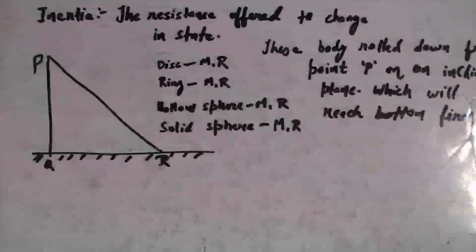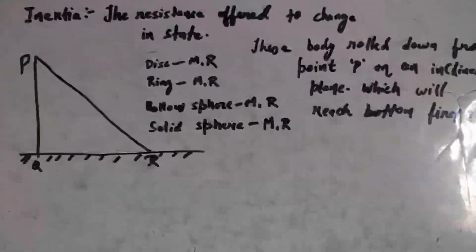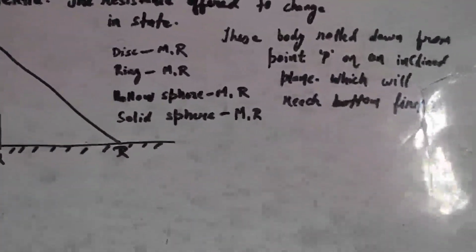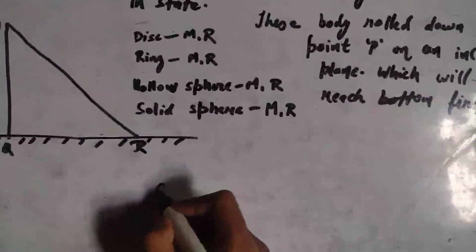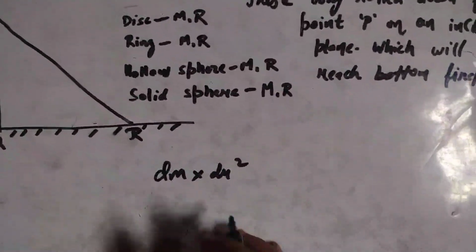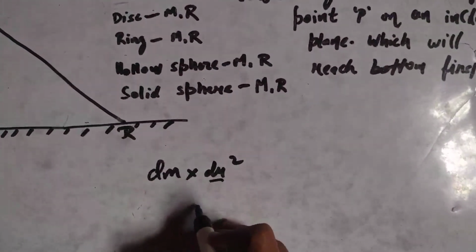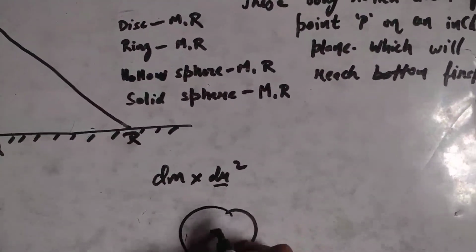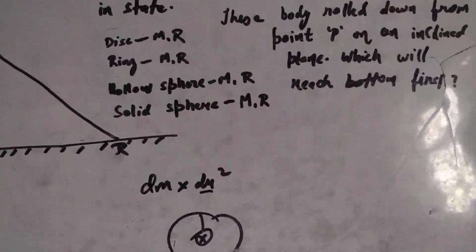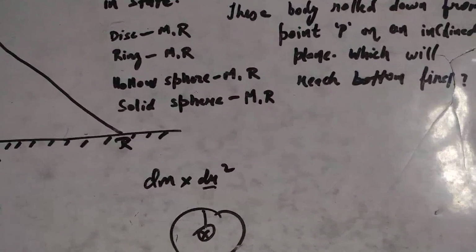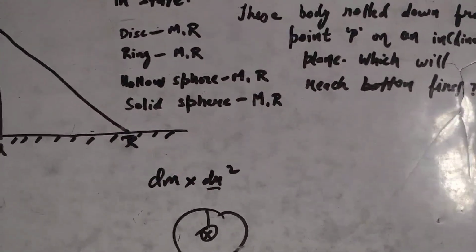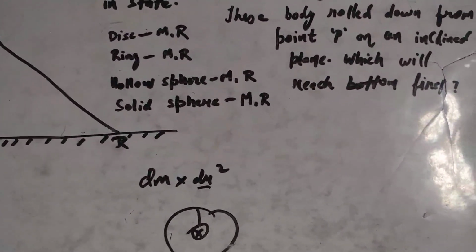So what differs is rotational inertia, and rotational inertia is actually defined as a product of these two factors: dm into dr square, where dr is the distance from the axis of rotation. So rotational inertia simply means how far and in what orientation the mass is distributed around the axis of rotation.